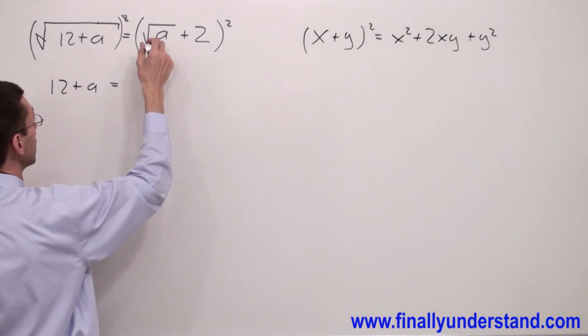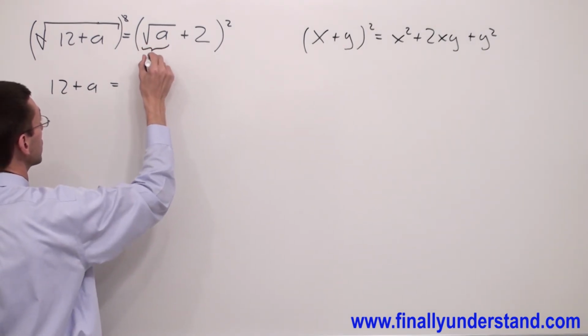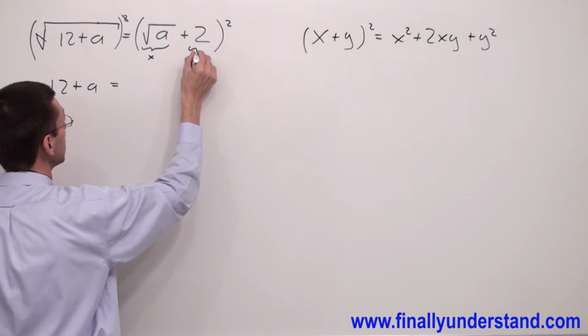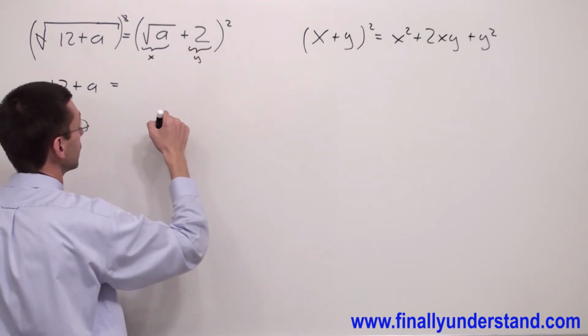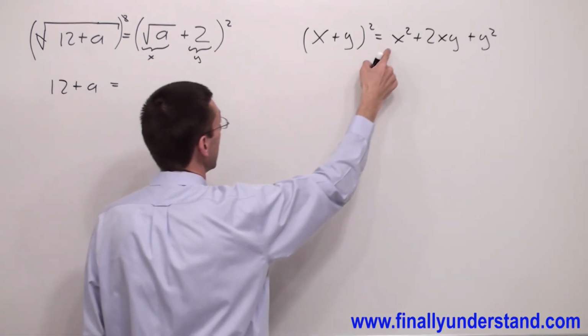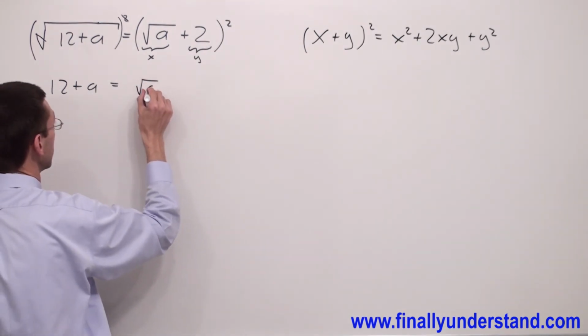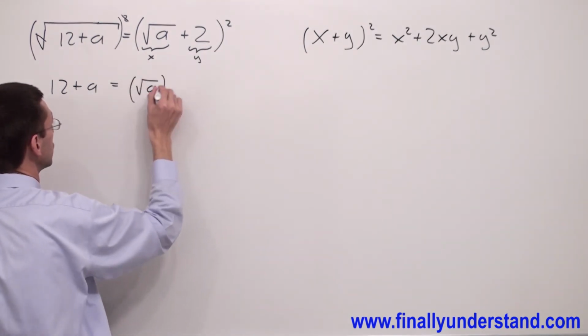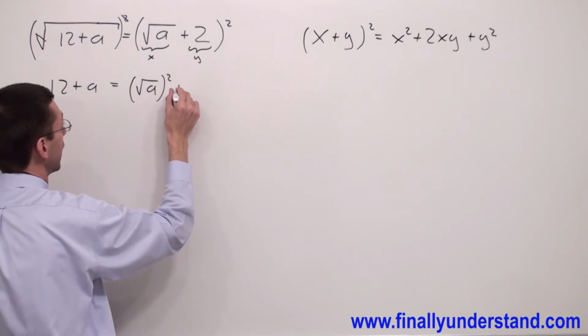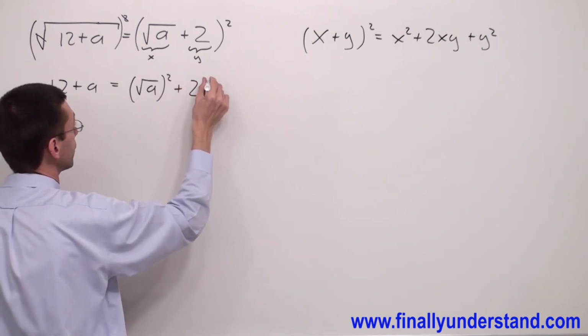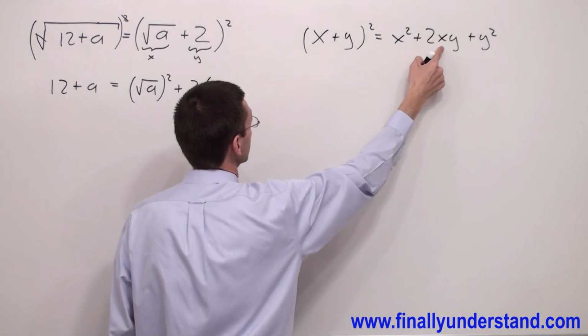This is my x and this is my y. The formula says x has to be squared. I have square root of a to the second power, plus 2x times y.